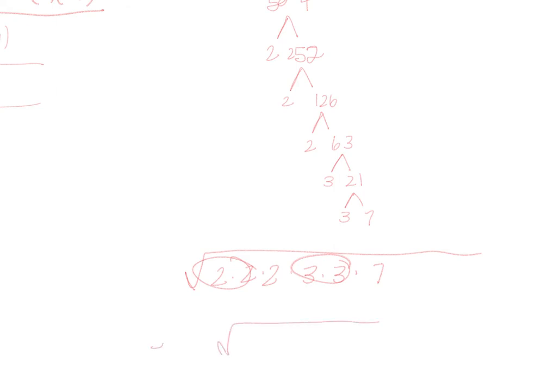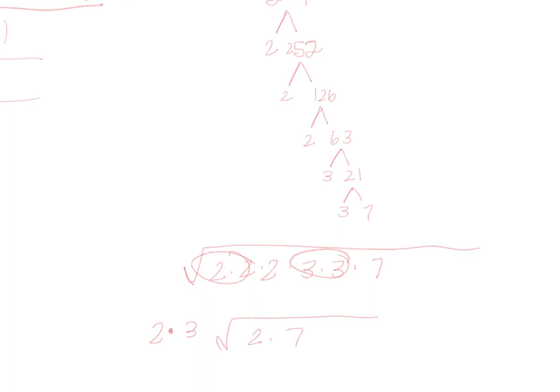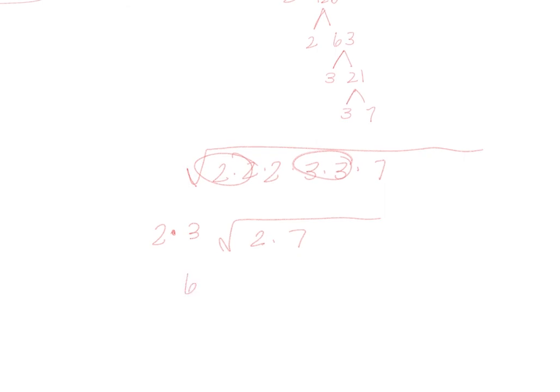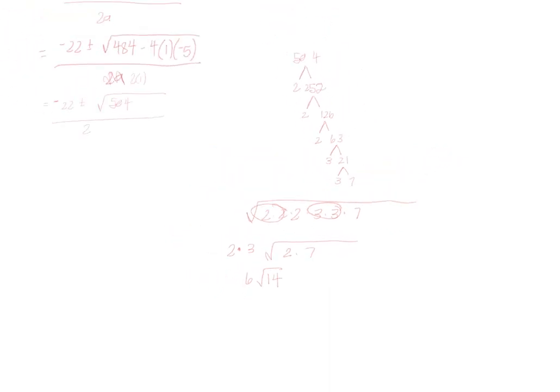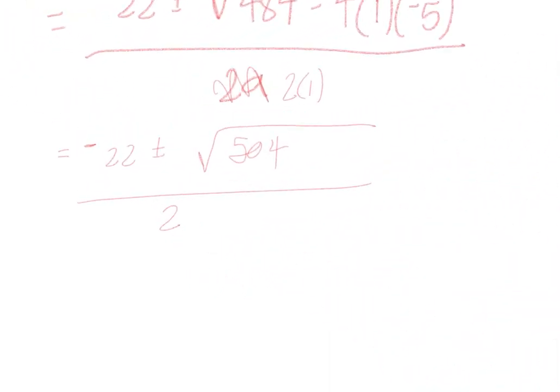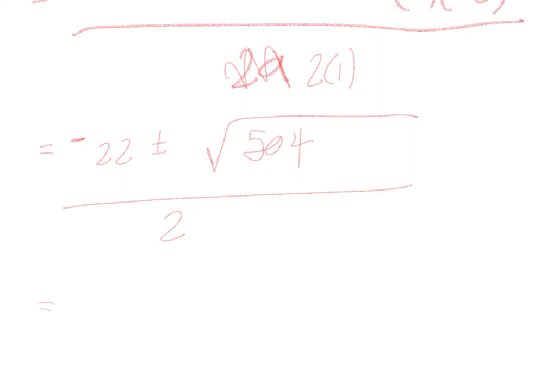So you bring a 2 out, you bring a 3 out, and what's left over that doesn't have a partner repeating twice, you leave on the inside. So that is 6 square roots of 14. So I'm going to replace the square root of 504 with 6 square roots of 14, all over 2.